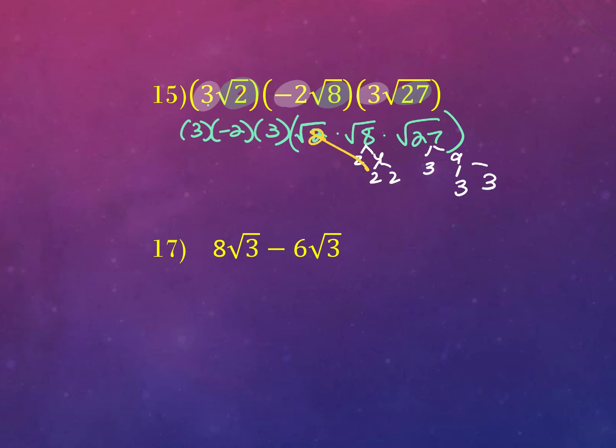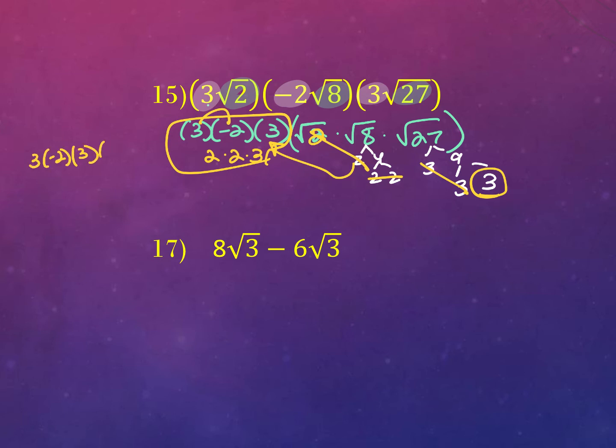So that's one pair of 2s that's going to come to the outside. Second pair of 2s go to the outside. Pair of 3s can go to the outside. And then that last 3 that doesn't have a match is going to be the only thing left underneath the square root. So here I've got 2 times negative 2, 3 times negative 2 times 3 times 2 times 2 times 3. 2 times negative 2 is negative 6.